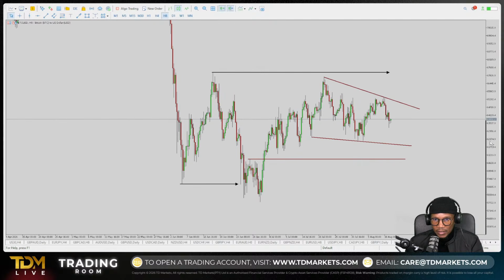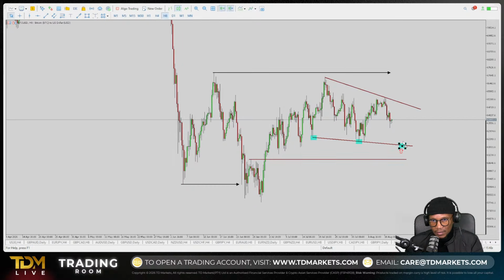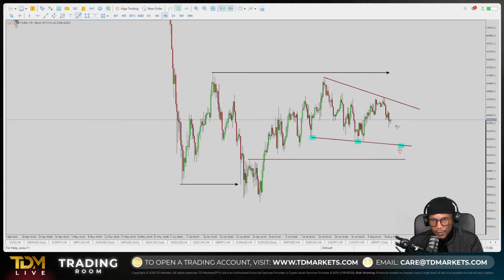So at the moment, it's trading within this formation, which is a continuation. What does this mean? If it comes back down to this low, to where the demand is, then you would anticipate something like this. This is one way to look at Bitcoin.